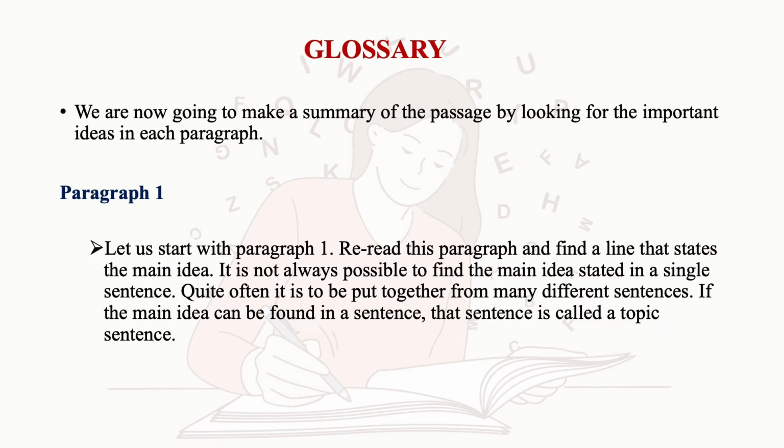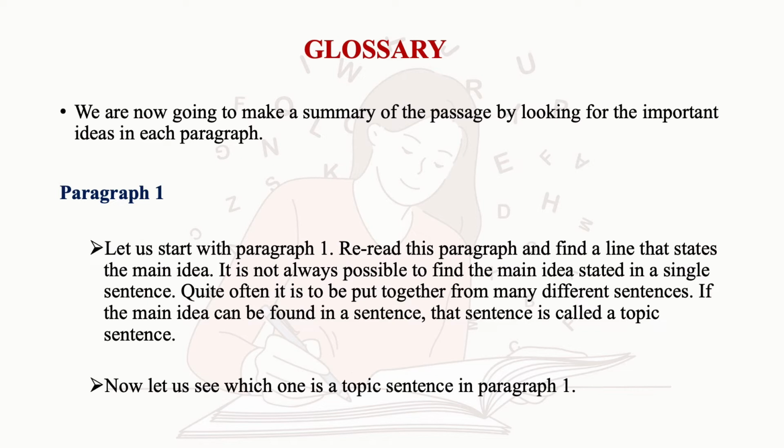Quite often, it is to be put together from many different sentences. If the main idea can be found in a sentence, that sentence is called a topic sentence. Now, let us see which one is a topic sentence in paragraph 1.